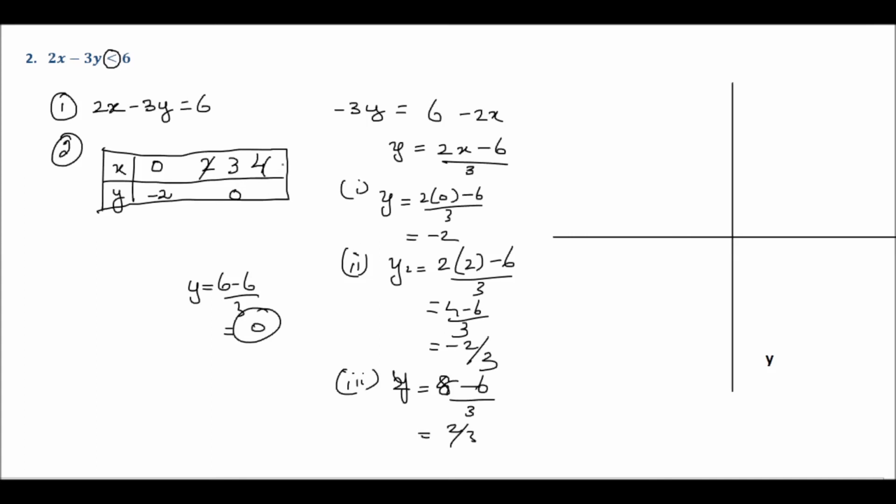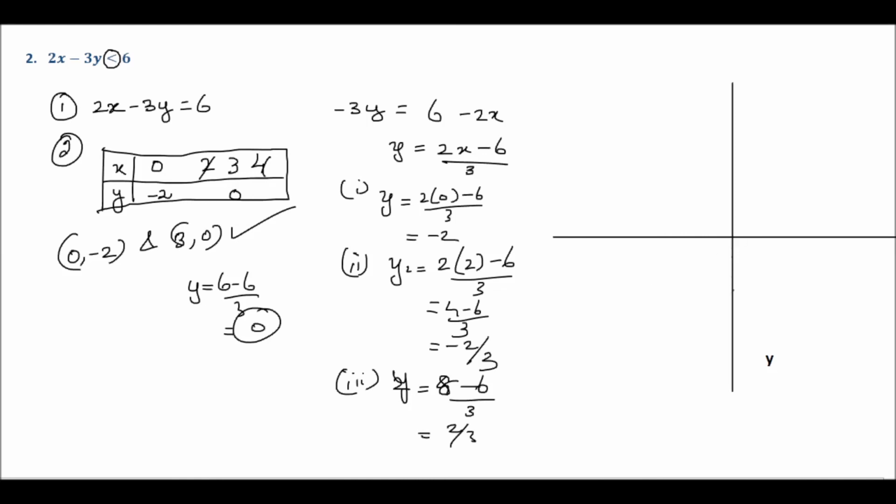Okay, and these 2 points are more than enough for this plotting. Now the points are 0 comma minus 2 and 3 comma 0. Now plot these points here.